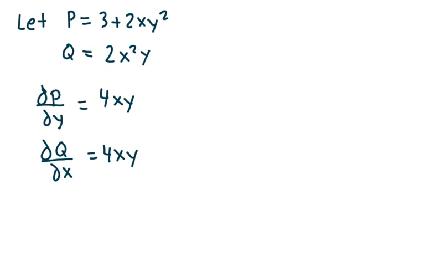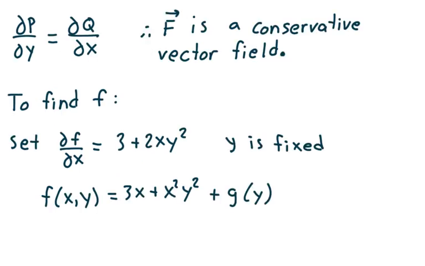The partial of P with respect to y is equal to 4xy. The partial of Q with respect to x is equal to 4xy. Since the partial of P with respect to y is equal to the partial of Q with respect to x, F is a conservative vector field.